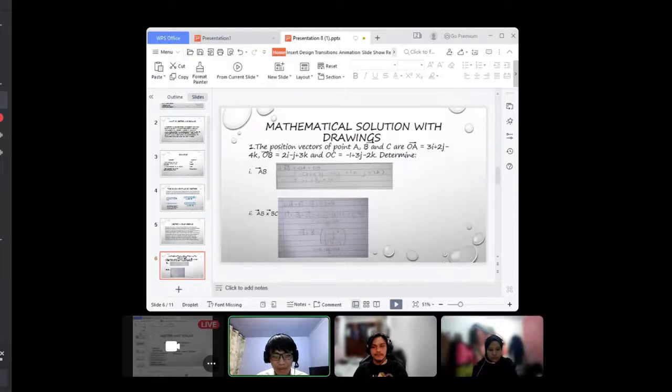BC equals negative OB plus OC, equals negative (2i minus j plus 3k) plus (negative i plus 3j minus 2k), which equals negative 3i plus 4j minus 5k. AB cross BC equals the determinant with first row i, j, k, second row negative 1, negative 3, 7, and third row negative 3, 4, negative 5, which equals negative 13i minus 26j minus 13k.